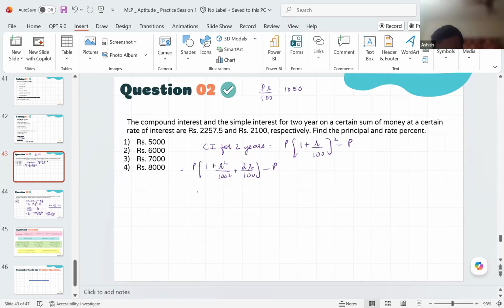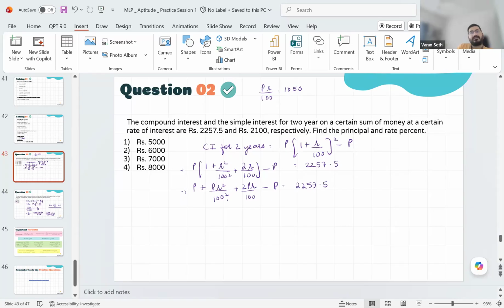And this equals 2257.5. So P + PR square upon 100 square + 2PR upon 100 minus P is equal to 2257.5. Correct? P cancels with P.